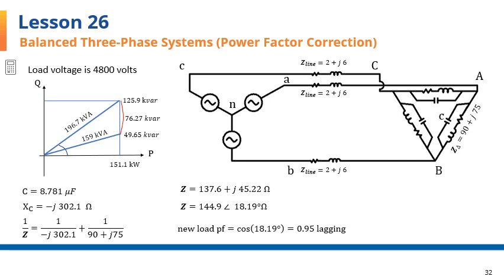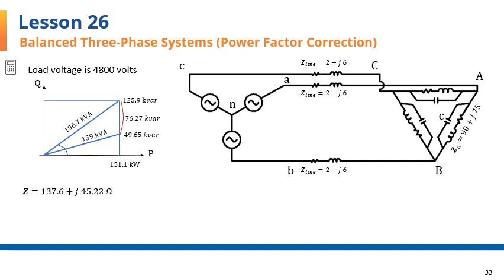Here is the new power factor, meaning the power factor of the load after the capacitor is installed, cosine of 18.19 degrees, and it comes to exactly 0.95 lagging. And this verifies that the choice of the capacitor was done correctly because it has resulted in the targeted power factor that we were looking for, 0.95.